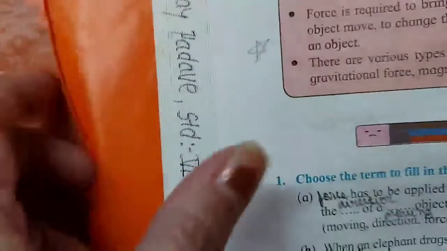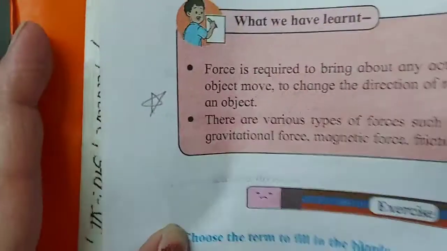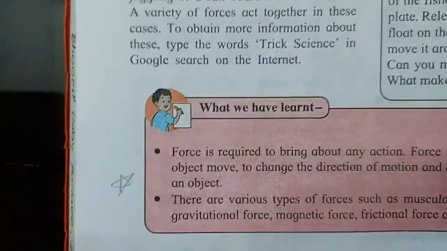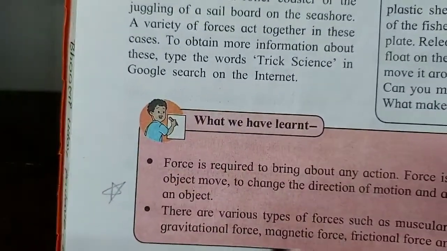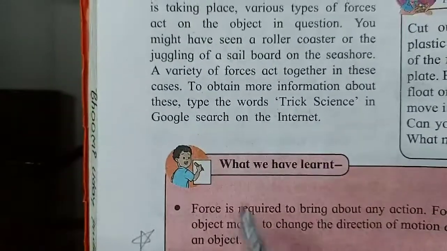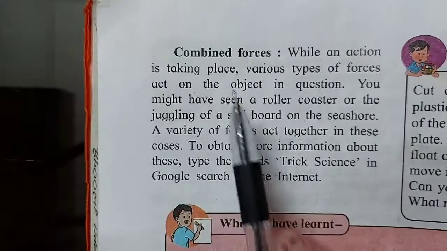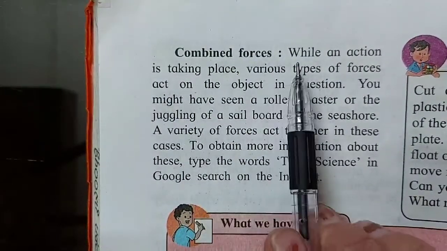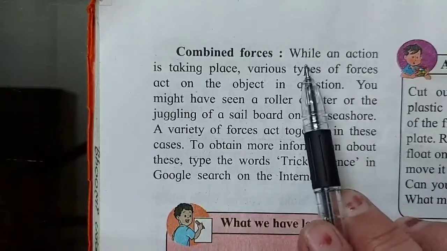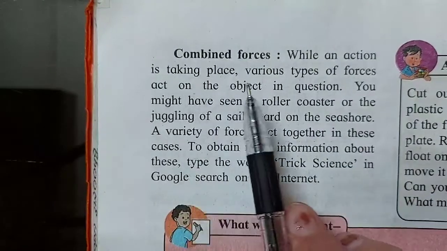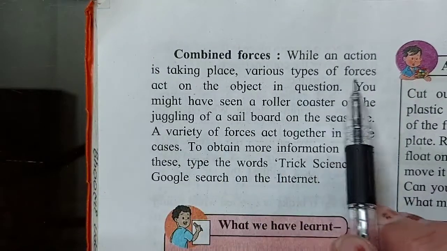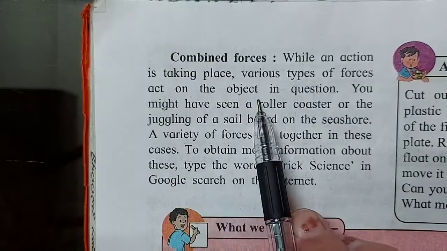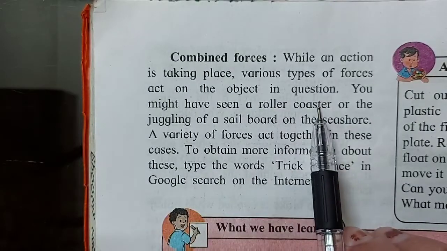Moving further, coming to page number 74. Now, combined forces. We learnt 6 types of forces. Now the 7th part is combined forces. It is not exactly 7th, but it is the next step, where while an action is taking place, various types of forces act on the object in question.